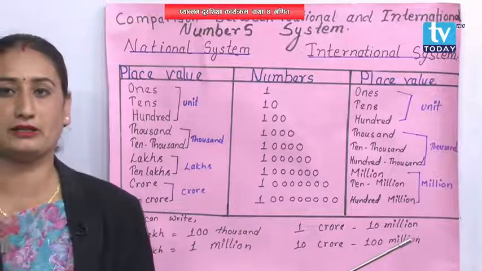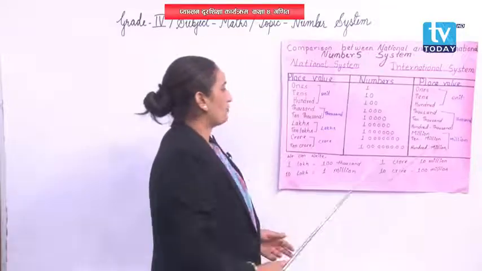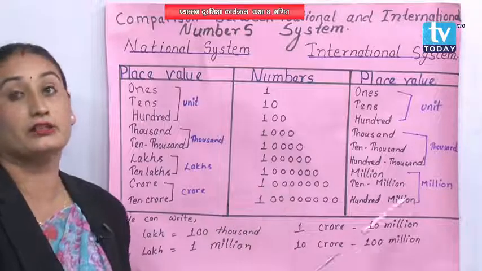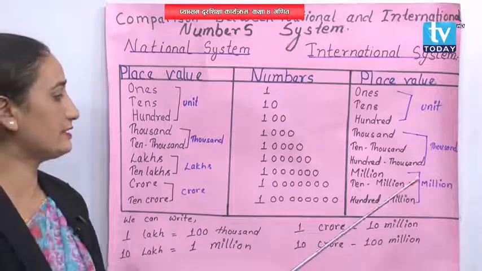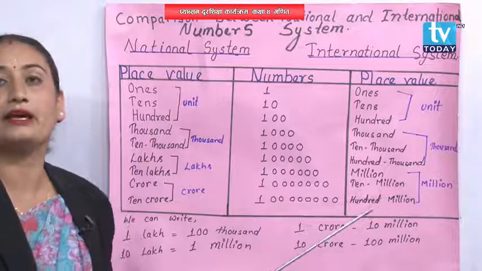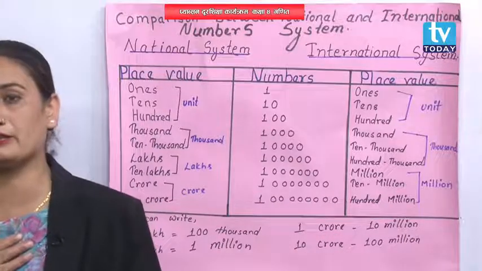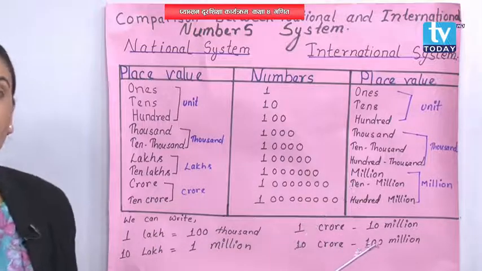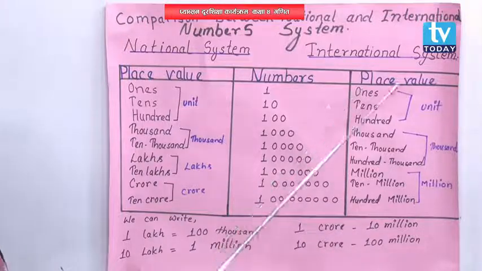Our 10 lakh and the international 1 million are equal. Then if it is crore, there will be 10 million in the international system. And if we have 10 crore, then they have 100 million. Is it? Okay, see here. Let's count it.